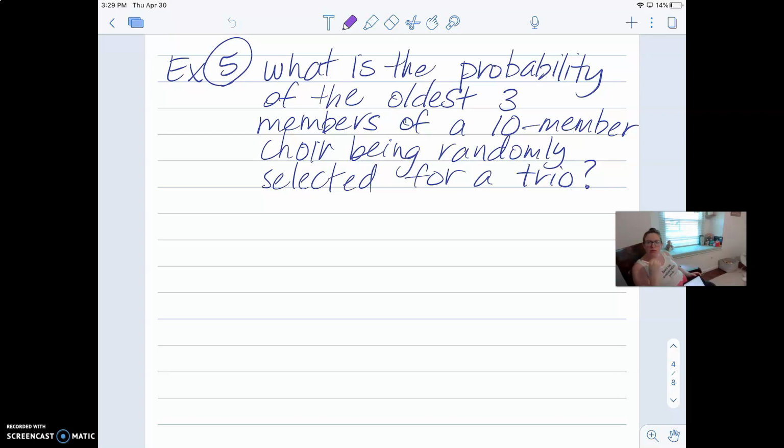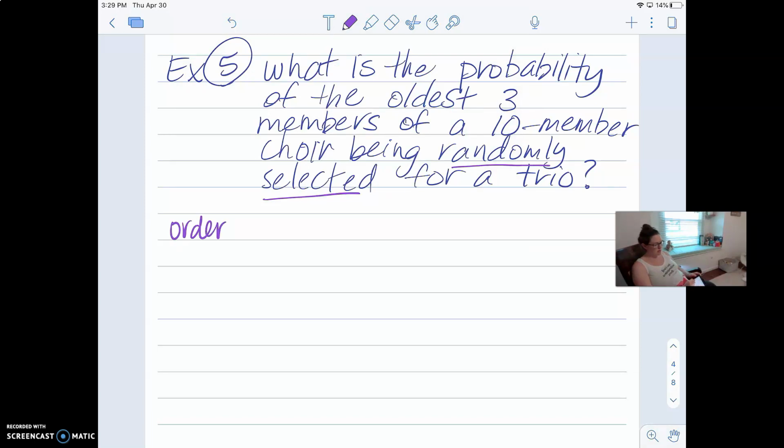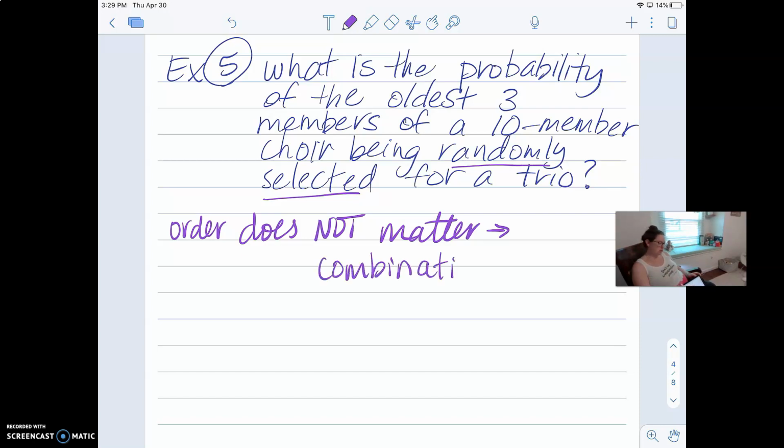Notice how it didn't say the word choose, but it's saying we're just randomly selecting 3 out of 10. So that means that the order does not matter, which means we are dealing with a combination. The order does not matter in combinations.